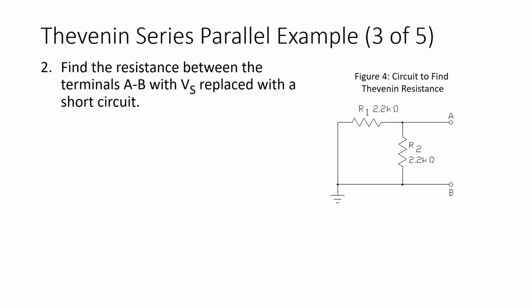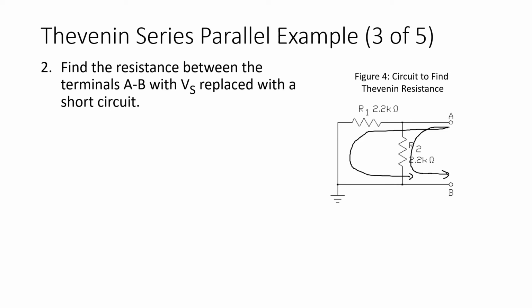Now, step 2 is to find the resistance between the terminals A and B, with V source replaced with a short circuit. Now, if we look at the circuit, to get from A to B, I can take two paths. One would be through R2, and one path would be through R1.